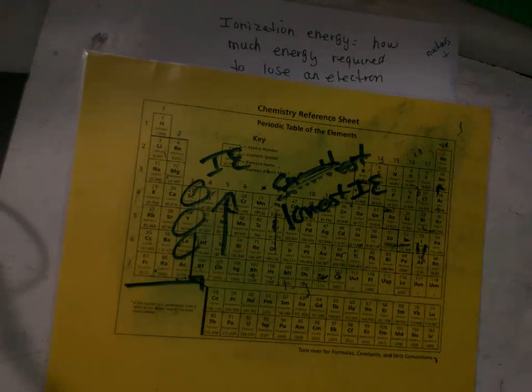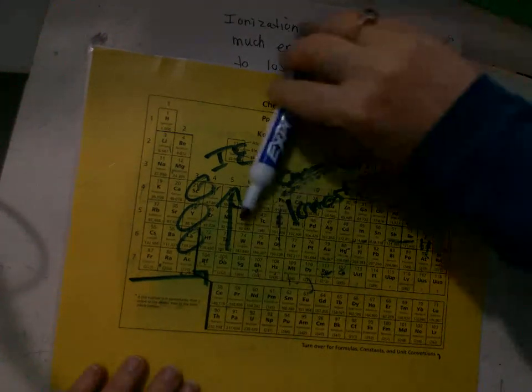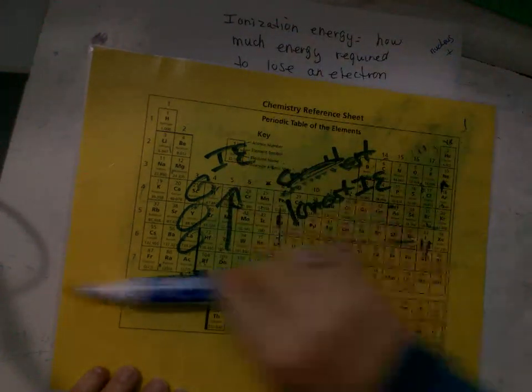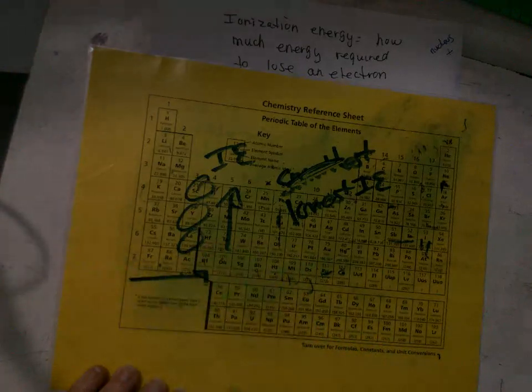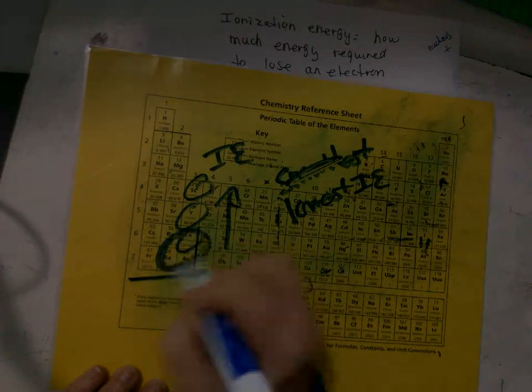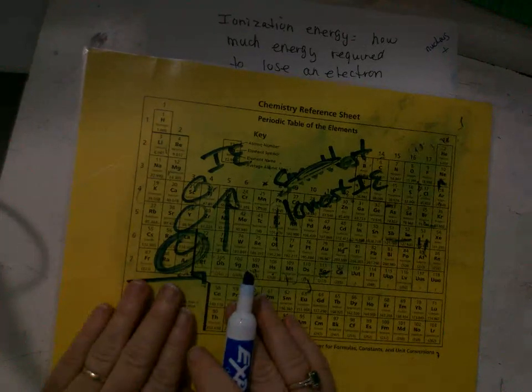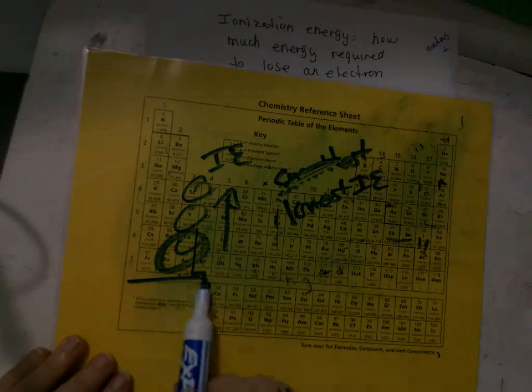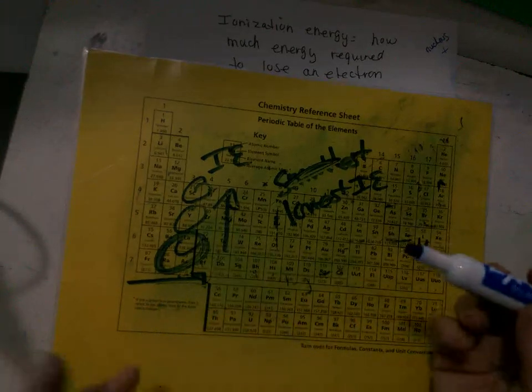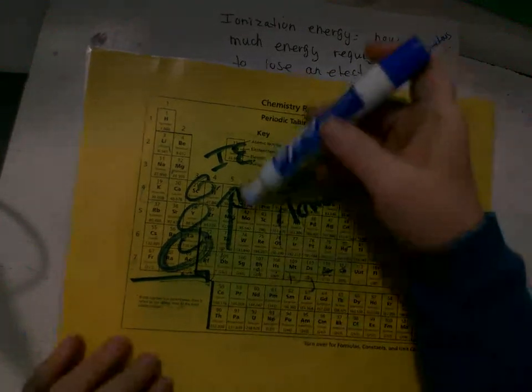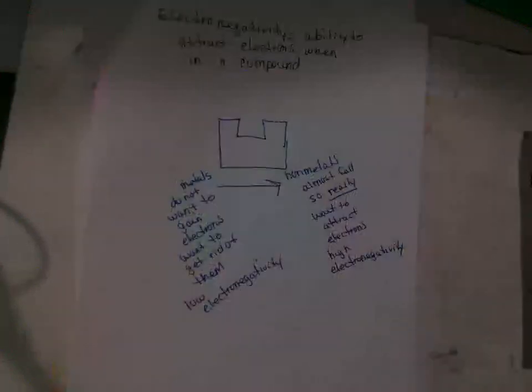Who would be the easiest to pull an electron from? If you want the lowest ionization energy, who would require the least amount of energy, go against the arrow. Who's the furthest this way and over here? So it should be La. It would require the least amount of energy. Remember, my arrows show highest. So if we want the lowest amount of energy to remove an electron, you'd actually go against the arrows.